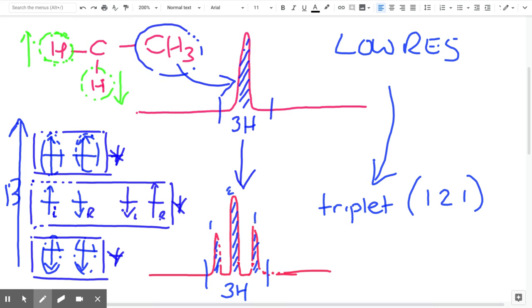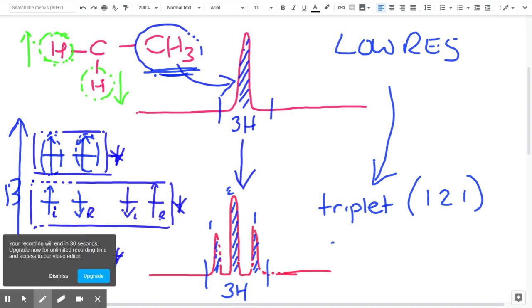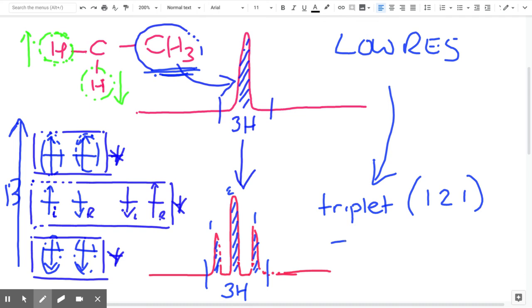And that triplet is observed because we are looking, remember, at a CH3 peak. So the peak is due to the CH3. However, the shape is due to the presence of an adjacent CH2. Okay, and that's the key thing. What we're seeing is the presence of the CH3 peak, but it is split because of the adjacent CH2 group.